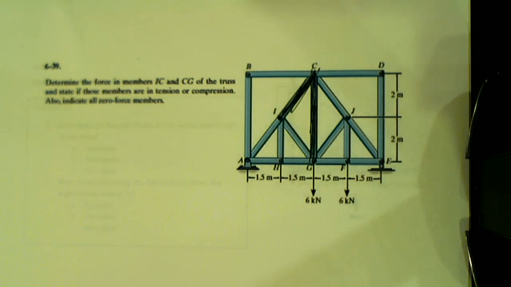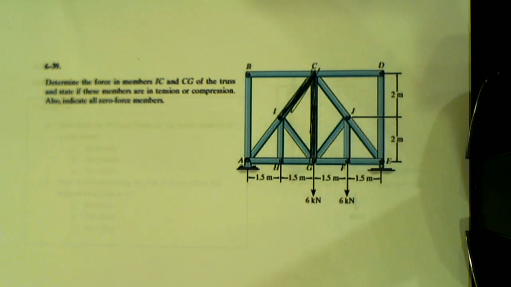When would you want to use method of joints? Yeah, it takes forever, but sometimes they'll ask you to find the force in each member, and then you're going to have to find it anyway. Other times? Yeah, that's a good point. What is the maximum number of unknowns for method of joints? 2, right?